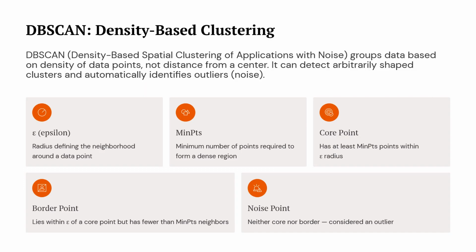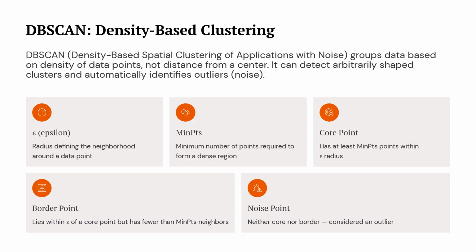DBSCAN, short for density-based spatial clustering of applications with noise, is a powerful algorithm that groups data by density, not by distance from a center. Instead of predefining clusters, it looks for regions packed with points, forming natural shapes, and even spotting outliers automatically.